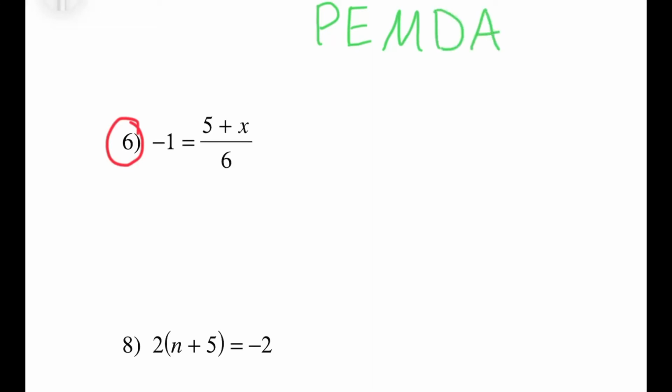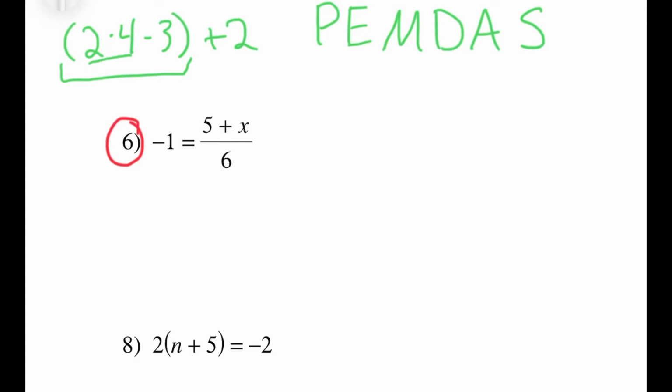And when I mean evaluate an equation, if we had something crazy like parentheses 2 times 4 minus 3 close parentheses plus 2, we would first deal with our parentheses, and within our parentheses we would do our multiplication, then our subtraction. Then after dealing with our parentheses we would deal with our addition. That is what our PEMDAS is telling us.